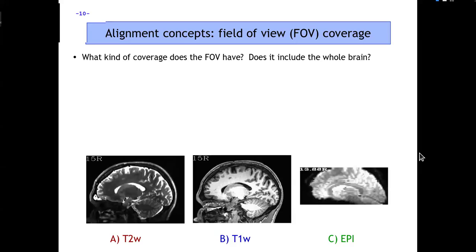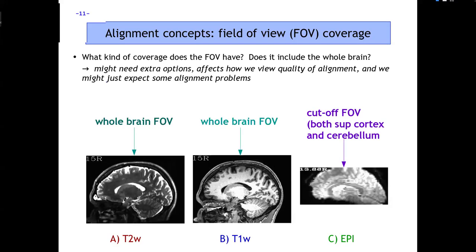Field of view coverage is another important one. Are we including the whole brain in both data sets? So again, in here, which data sets have basically whole brain field of view coverage?